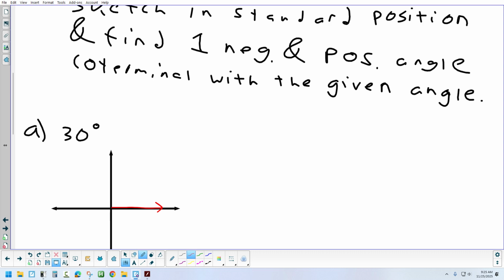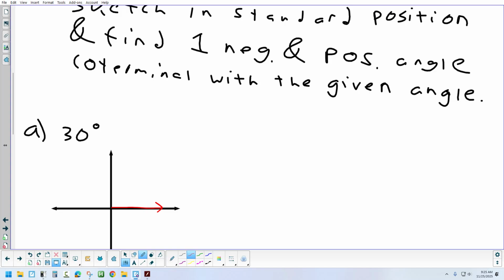Where would the terminal side be if I'm sketching an angle that's at about 30 degrees? Quadrant 1. Yeah, it would be in quadrant 1. And can you describe roughly where? A little bit under 45 degrees. Yeah, a little bit under 45.